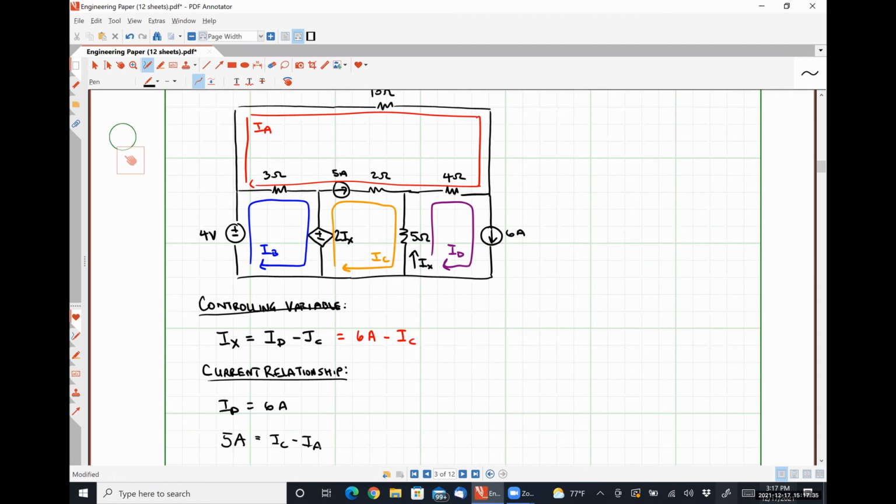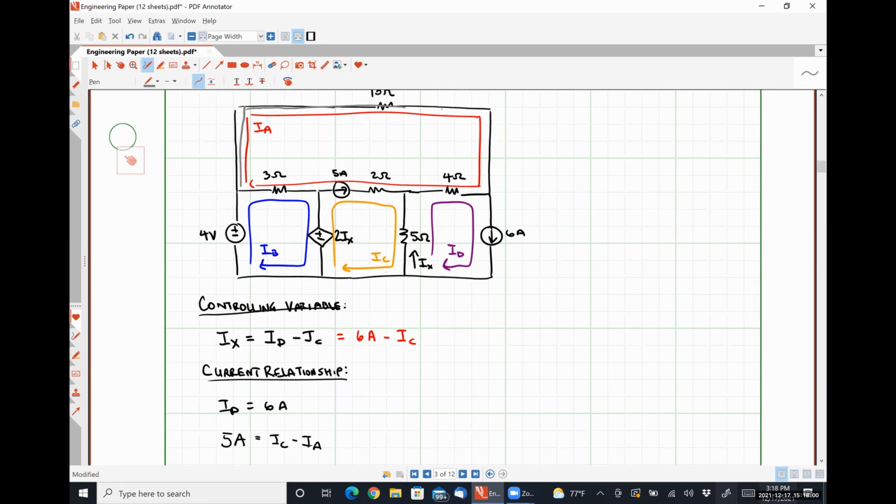So now we need to write our KVL equations, right? I'm going to do this one in gray. Last time, when we had an interior current source, we had to write a super mesh, right? We had to have a path that enclosed our interior current source. We're going to have to do that again.